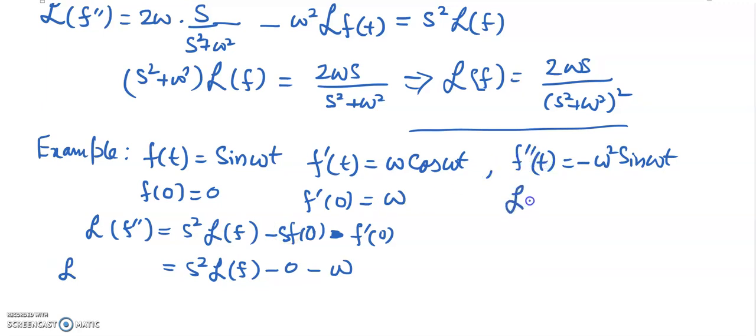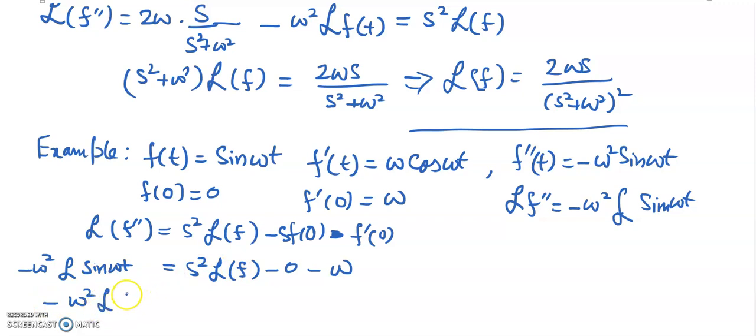If we write Laplace of f double prime over here, it will be minus omega square Laplace of sine omega t, which is the same as minus omega square Laplace of this f. So it is s square Laplace of f minus omega.